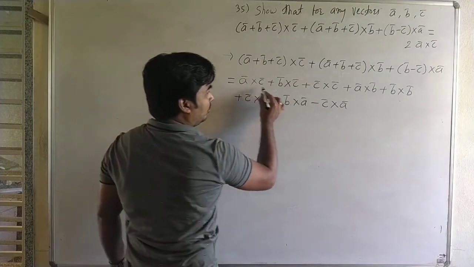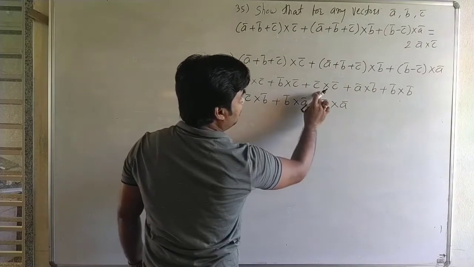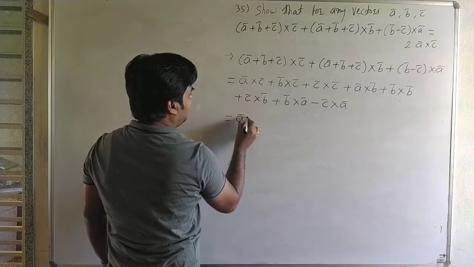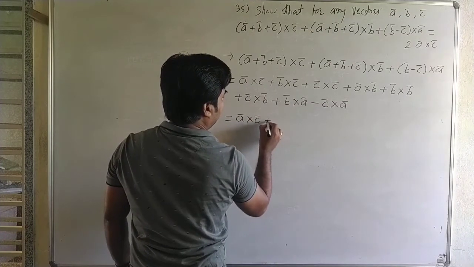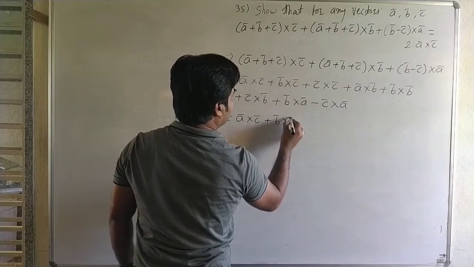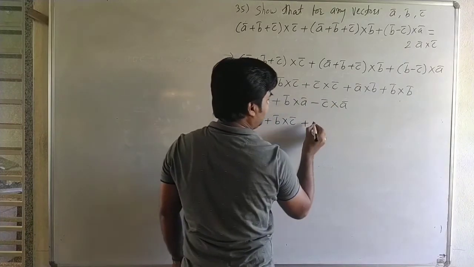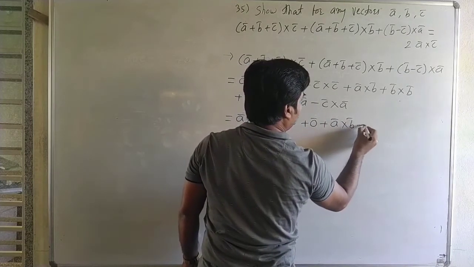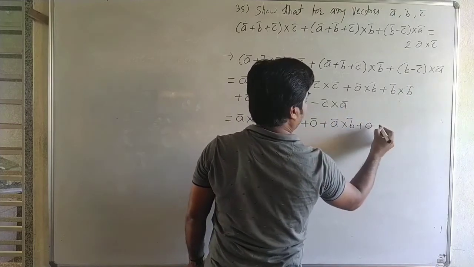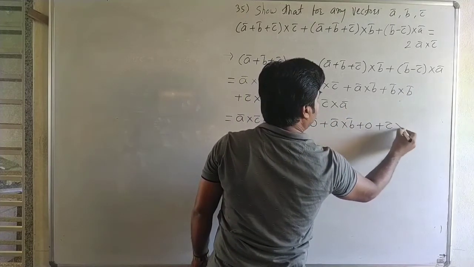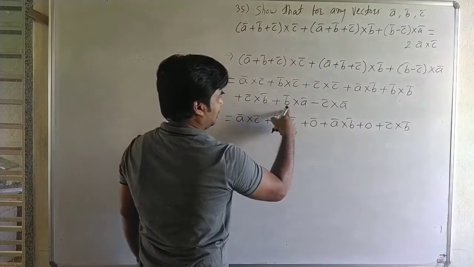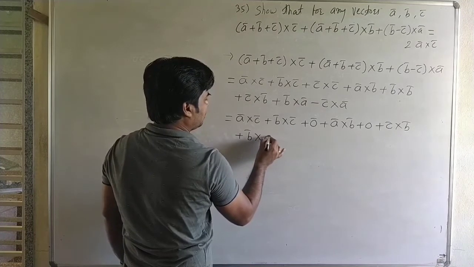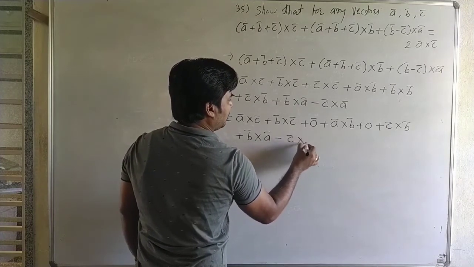Here two vectors are equal: it is C cross C and B cross B. Therefore you can write A bar cross C bar plus B bar cross C bar plus C bar cross C bar, which is 0, plus A bar cross B bar plus again 0, B bar cross B bar, then plus C bar cross B bar, then plus B bar cross A bar and minus C bar cross A bar.